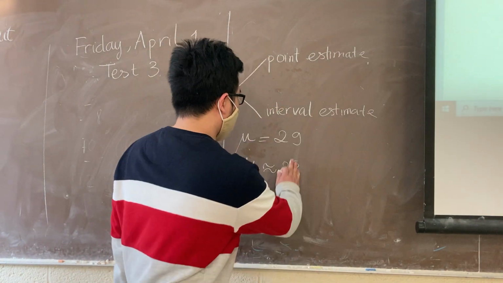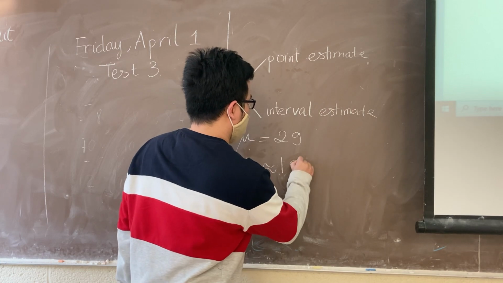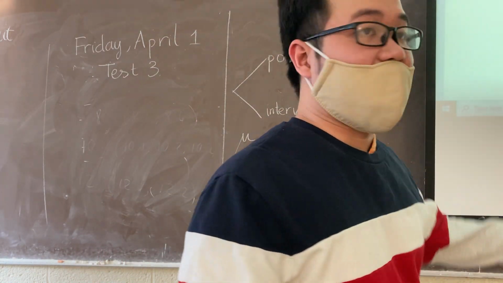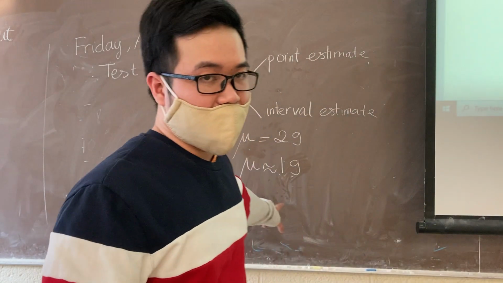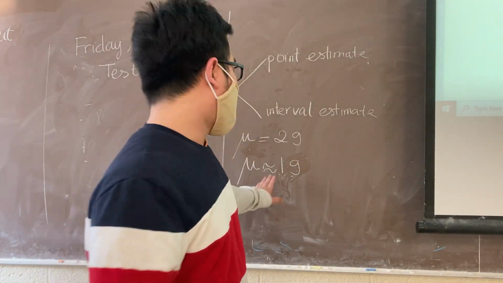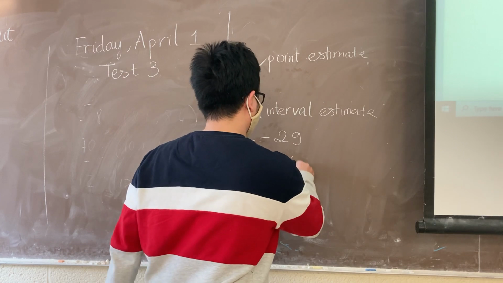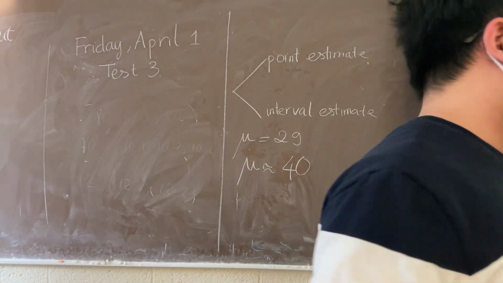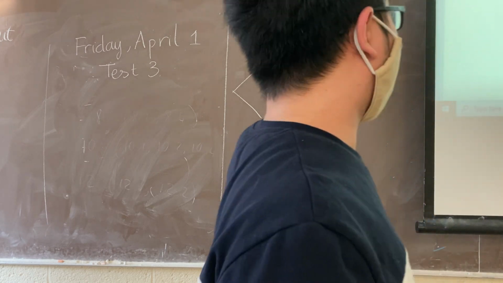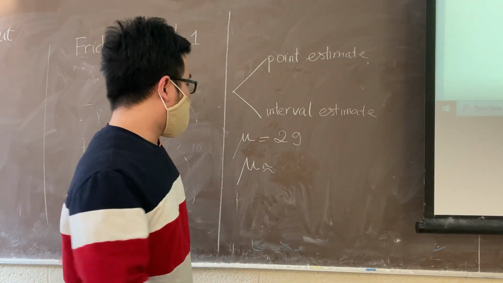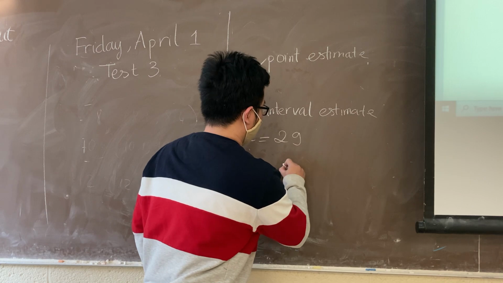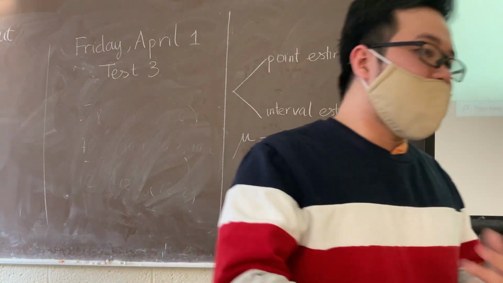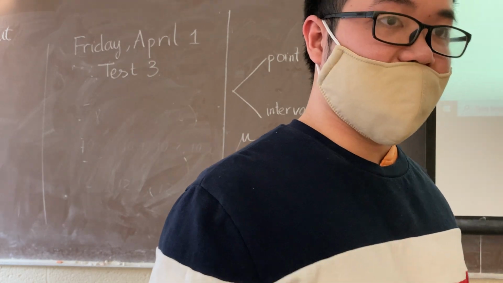If I get 19, it is a big underestimate, so that is a biased estimator. Or if I get a mean of 40, that is an overestimate, also a biased estimator. And if I get a number very close to 29, for example 28.5, that is called an unbiased estimator. Clear, right?